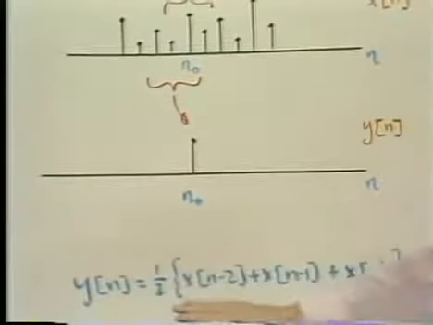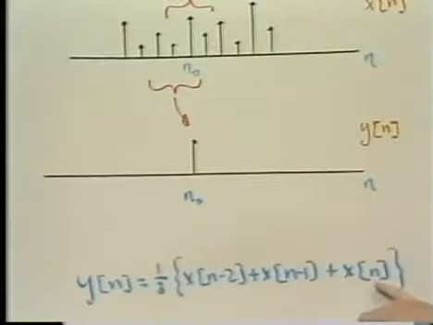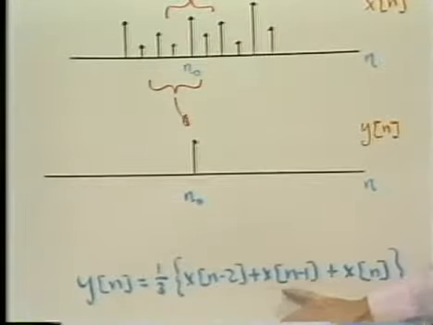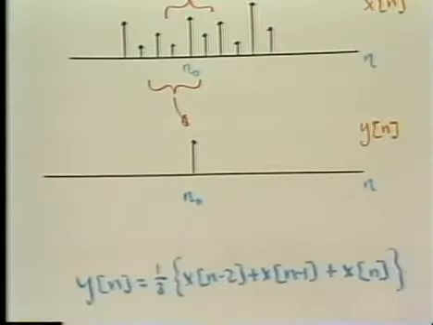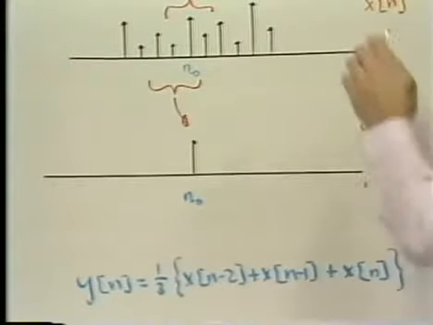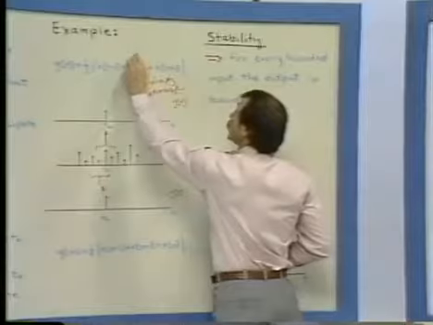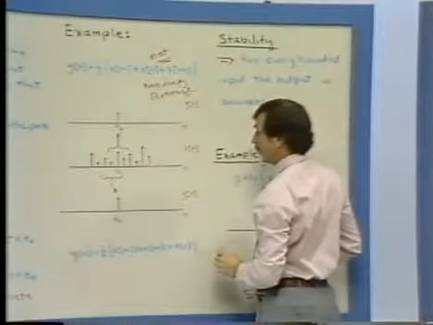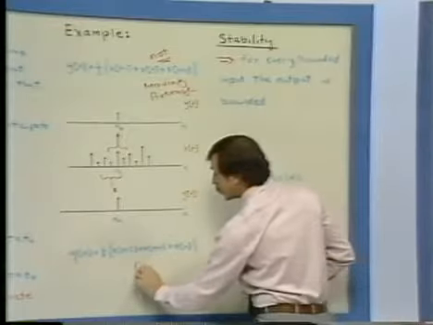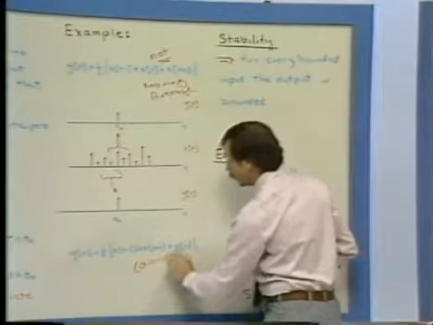So y of n0 would depend here on x of n0, x of n0 minus 1, and x of n0 minus 2. And so in this case, the system is not causal, and in this case, the system is causal.